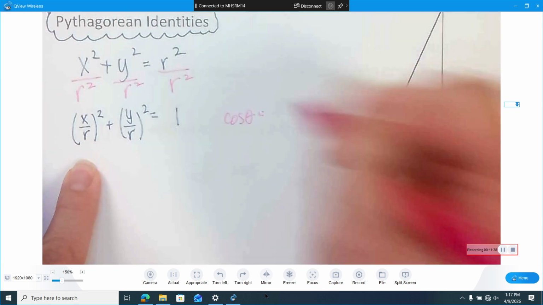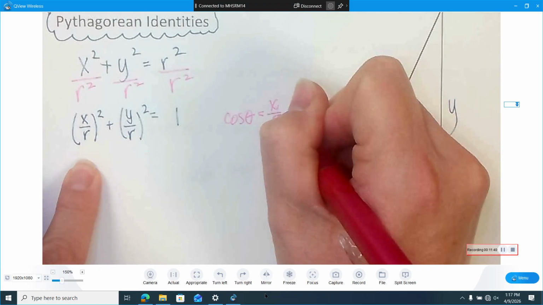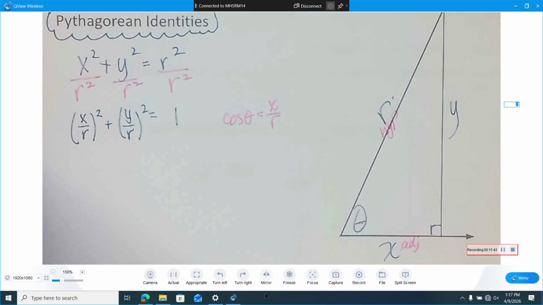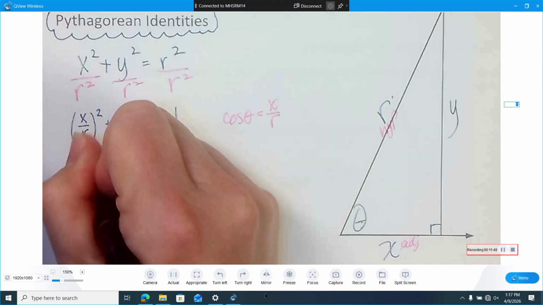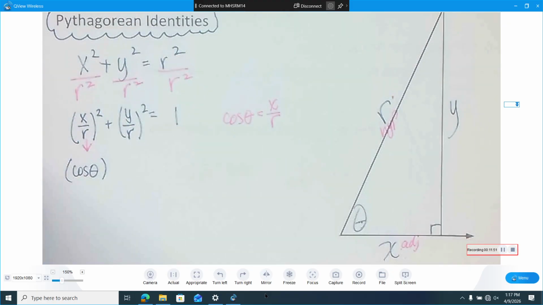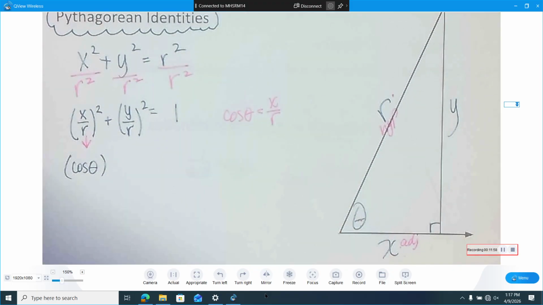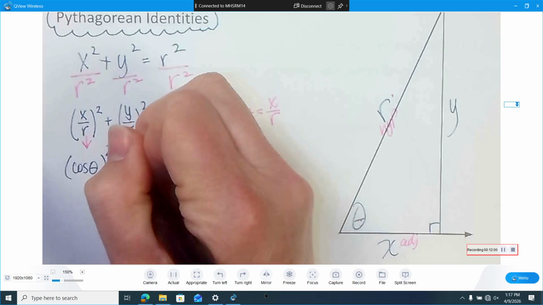Cosine of theta is x over r, so I can change x over r to cosine, because it is the same thing, quantity squared.